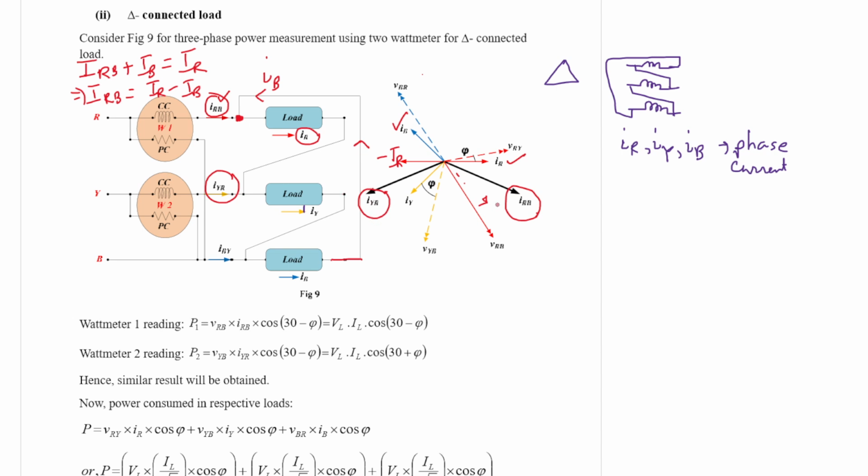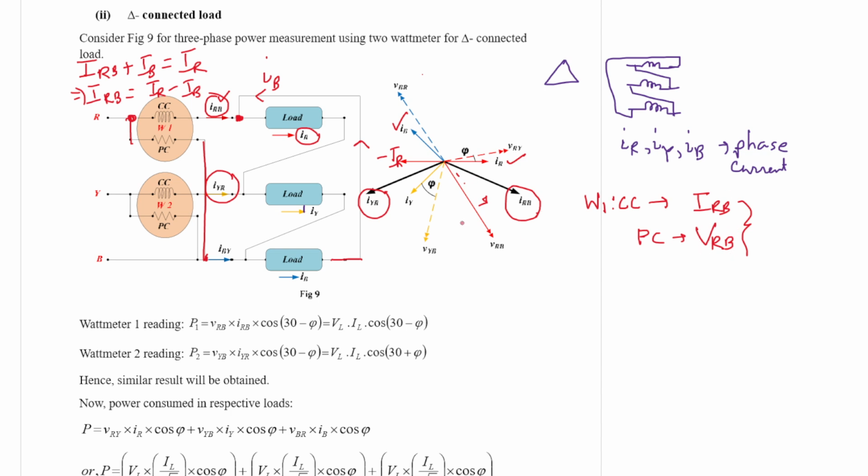Now for wattmeter 1, the current coil will measure IRB, and the pressure coil is connected across the R phase and the B phase. So it measures the voltage across the terminals RB. We need to measure the angle between these two phasors, VRB and IRB.